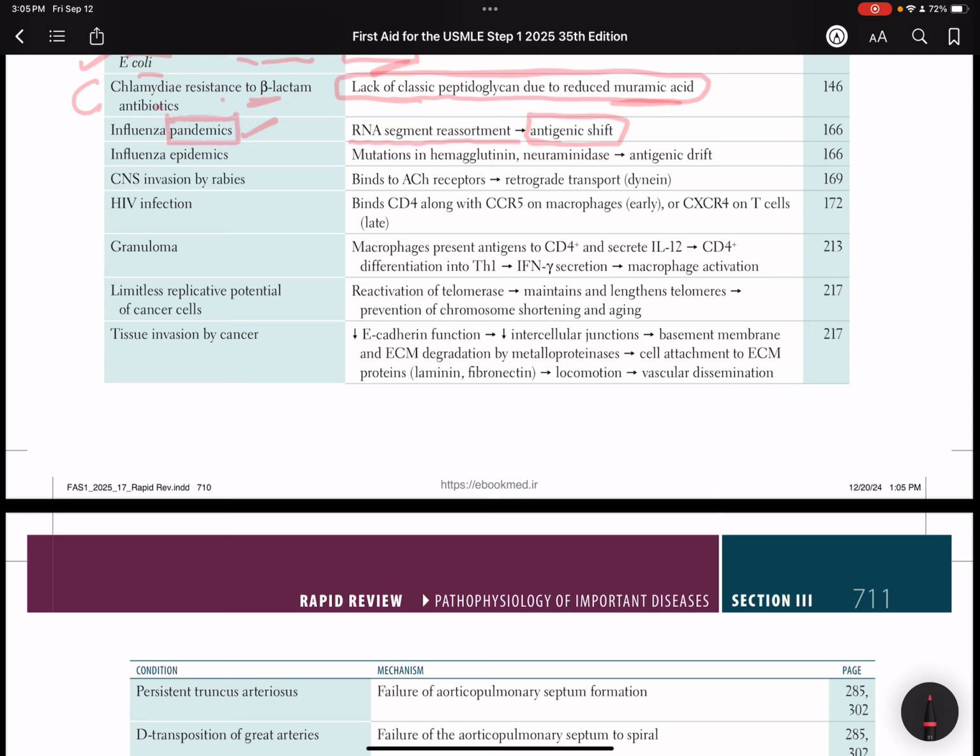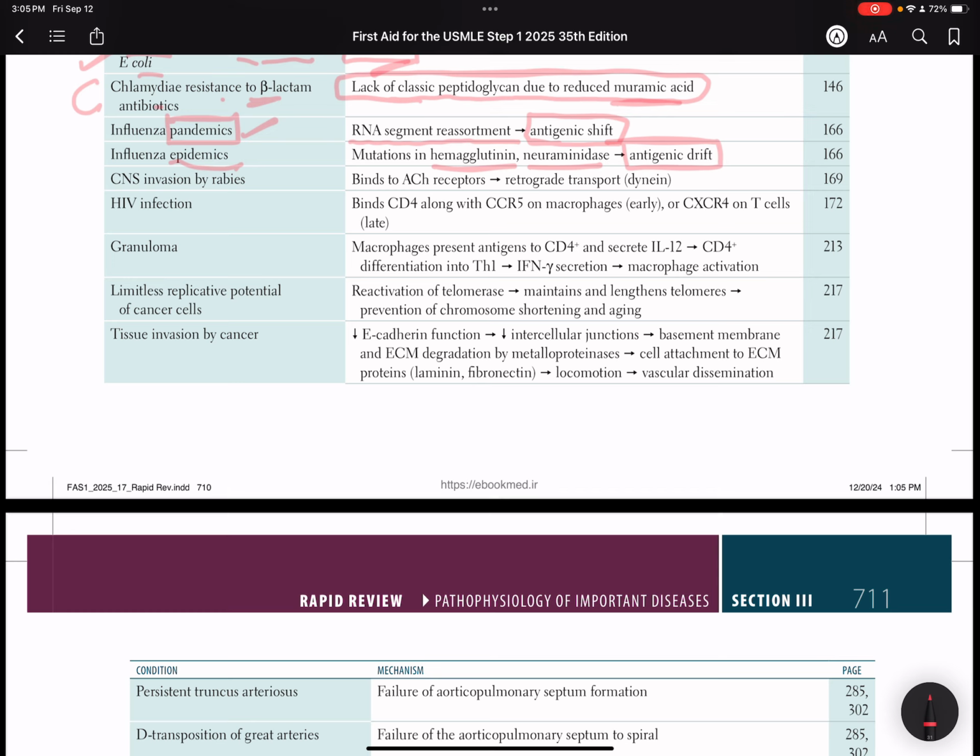Pandemic is because of antigenic shift. Epidemic is antigenic drift. Mutation in hemagglutinin and neuraminidase causes antigenic drift.